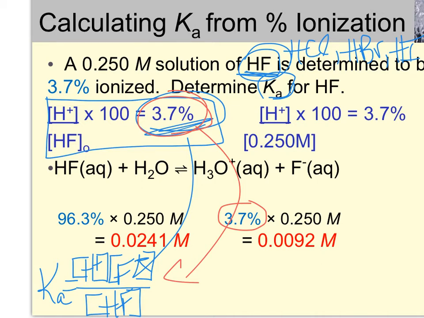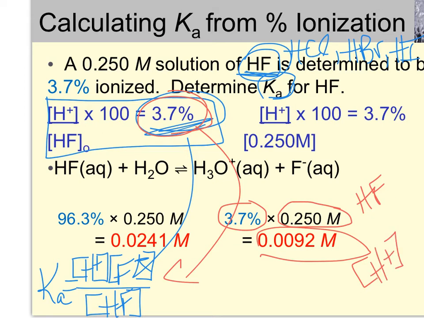It means that out of every 100 molecules we have of HF, 3.7 of those are going to be the concentration of hydronium ion. So in order to get a percent of something, hopefully you remember from math, you multiply the percentage times the value. So we can easily find the concentration of hydronium ion from that percentage.